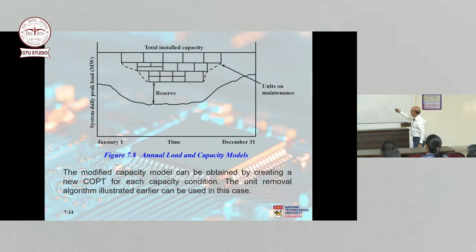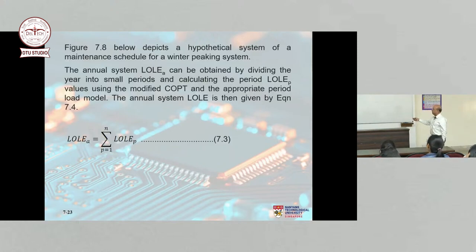So when we consider all these maintenance schedules, then we can use this particular equation, the loss of load expectation, the risk, LOLE, can be obtained by calculating the risk over these small little periods. So you'll have to do several calculations. One generator or two are under maintenance.